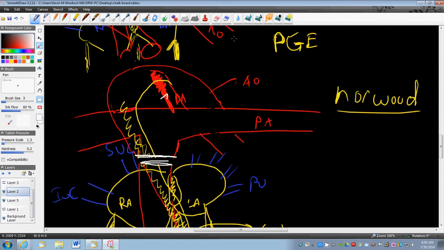Okay, we're going to remove the ductus and replace it with a piece of Gore-Tex. This is what's referred to as the Blalock-Taussig or BT shunt.